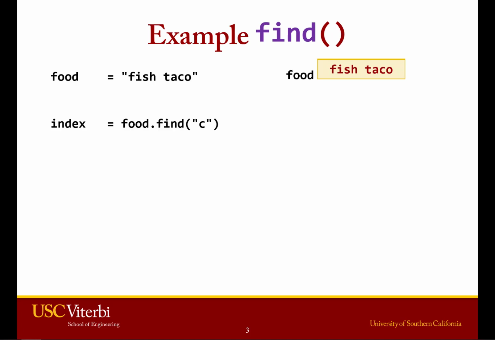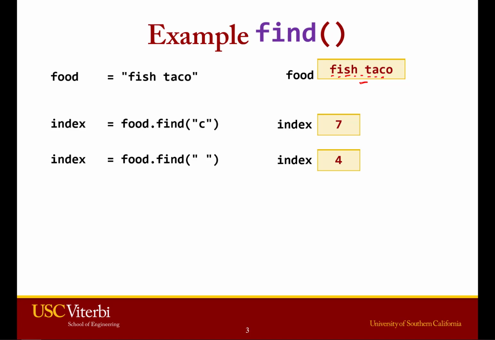And so if you say find C, it's going to give you index of 7, because we would have 0, 1, 2, 3, 4, 5, 6, 7. 7 is going to be the C. Now, if instead I try to find a space, that's going to be right here. It's going to give me that index in a string. It would be 4.